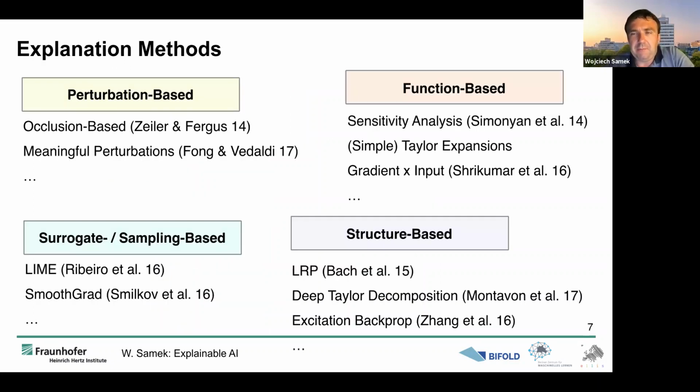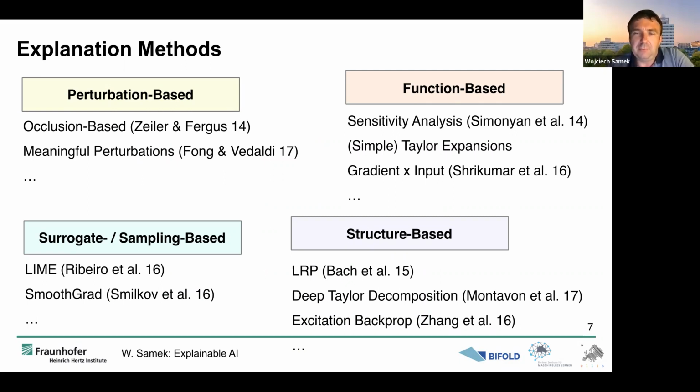Another class of methods, I refer to as function-based explanation methods. So the idea is that you regard your model, your neural network, as a function, and compute some simple quantities from it. For example, you compute the gradient.